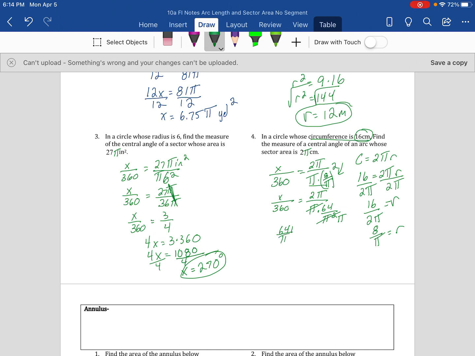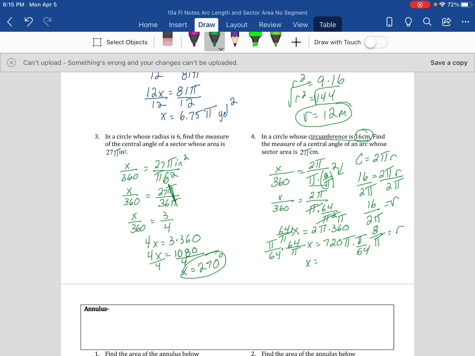It's 64 over pi times x is equal to 2 pi times 360. 64 over pi times x is equal to 720 pi. Now the reason why this doesn't come out nice is because I didn't make this problem come out nice.